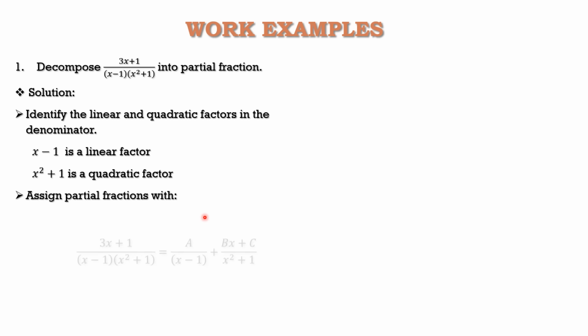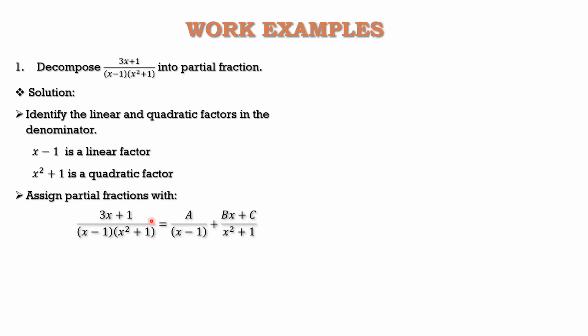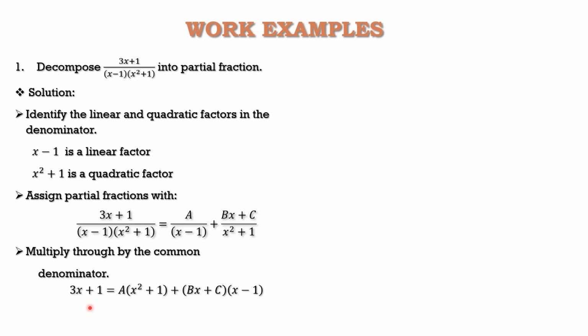Assign partial fractions to 3x plus 1 divided by x minus 1, x squared plus 1. So I'm going to split the linear factor with a constant, and the quadratic with a linear expression: a divided by x minus 1 plus bx plus c divided by x squared plus 1. Multiplied through by the common denominator, we end up with 3x plus 1 equal to a, x squared plus 1, plus bx plus c, x minus 1.